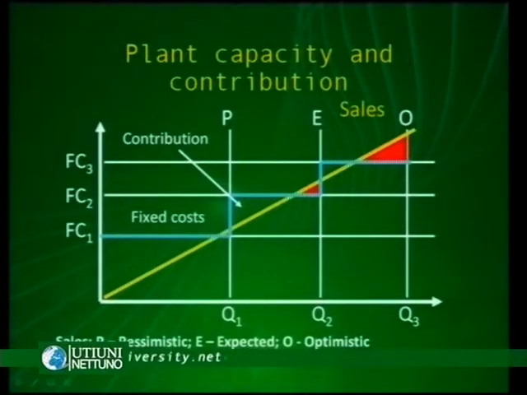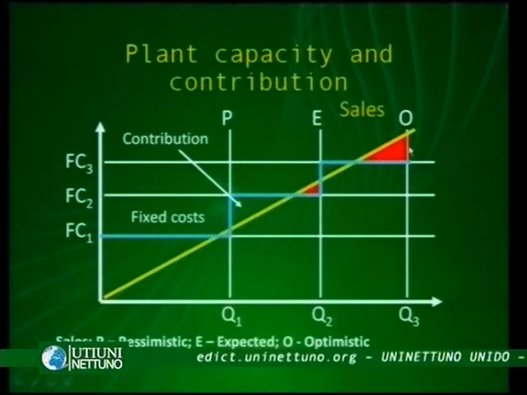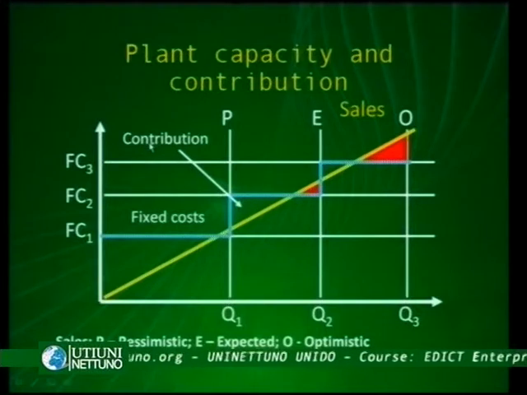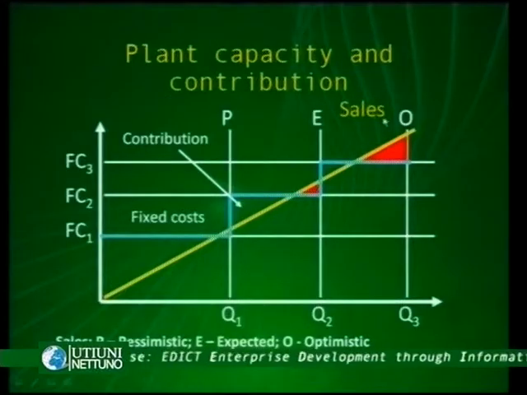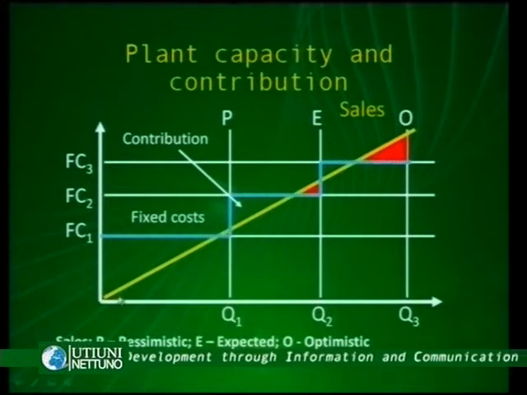Now, we have three scenarios, P, E, O, pessimistic, expected, and optimistic, and the different quantities Q1, Q2, and Q3 refer to these three scenarios respectively. Now, considering the hypothesis that the price is fixed, the level of sales and incomes could be related to the quantity in a proportional way.